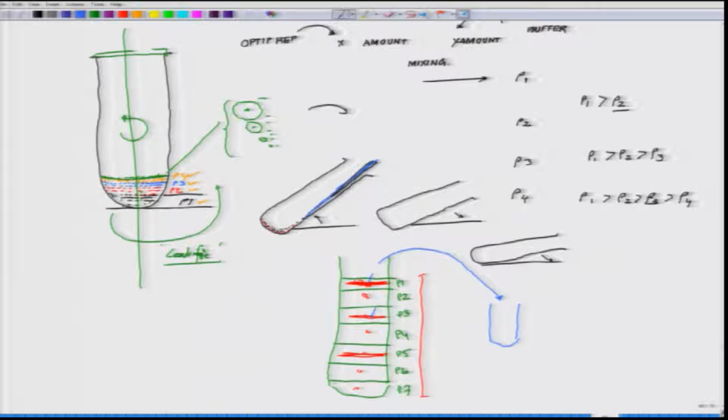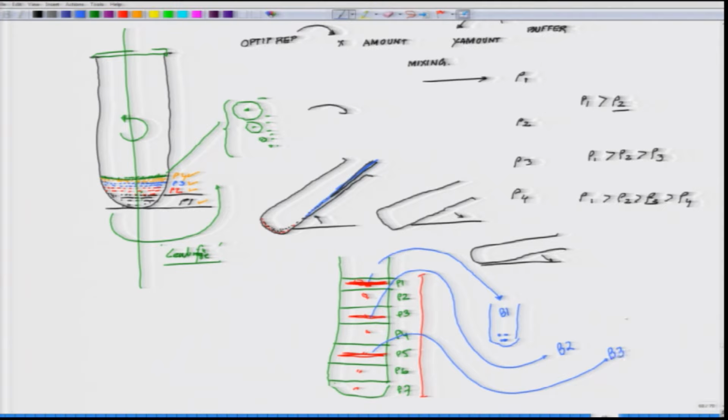Similarly, you have to pull this out in a separate test tube. You have to pull this out in a separate test tube. Once you see these cells out, you have these cells of band, say this is band 1, this is band 2, this is band 3.